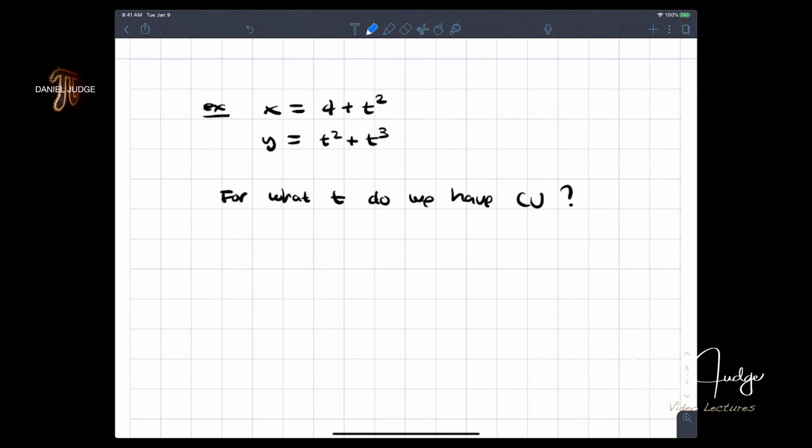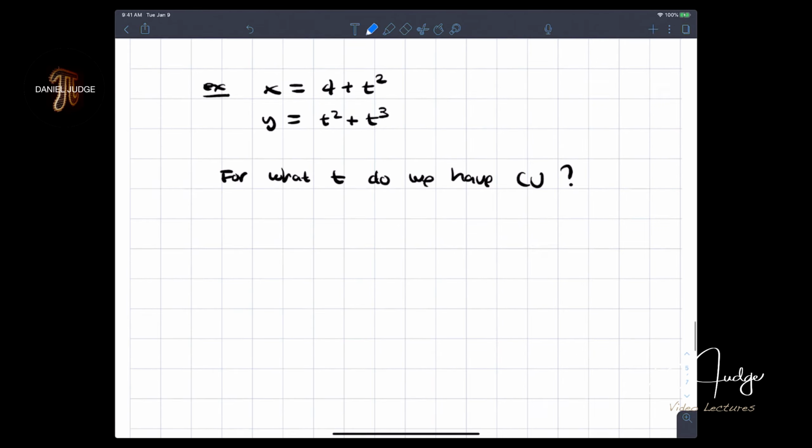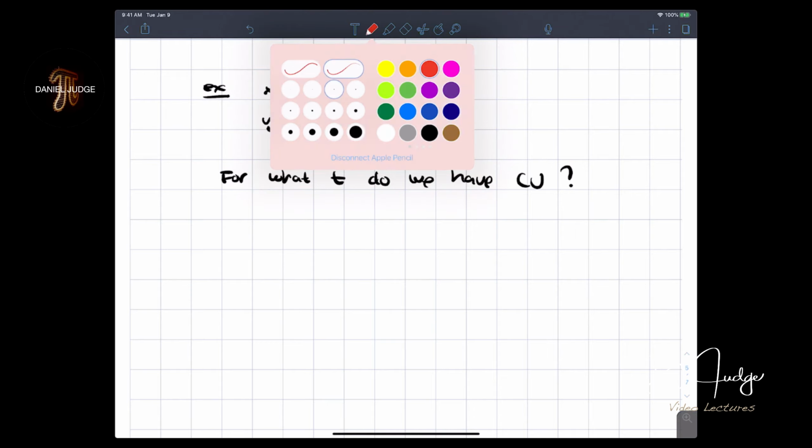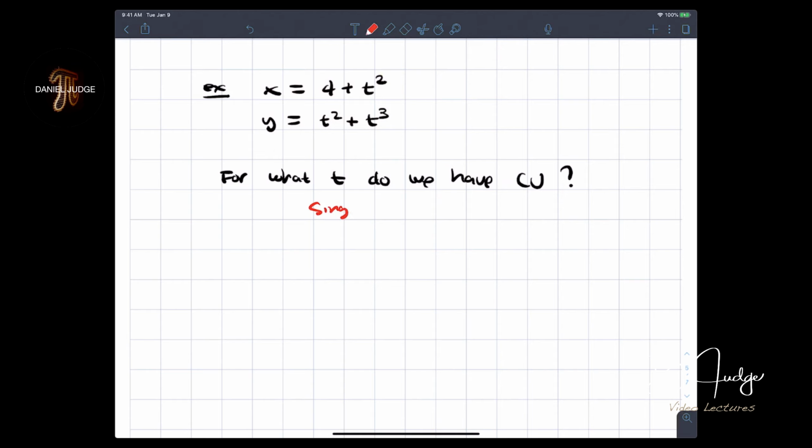They're going to change the curves up on you. So you know if you're going to find where it's concave up, concave down, that's essentially sign analysis on the second derivative.